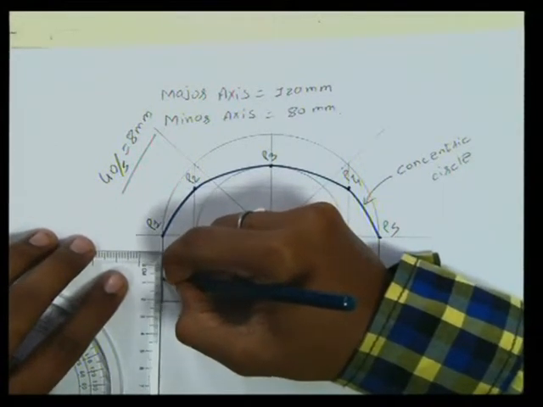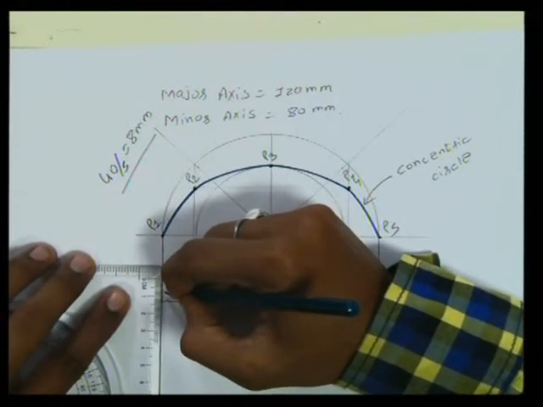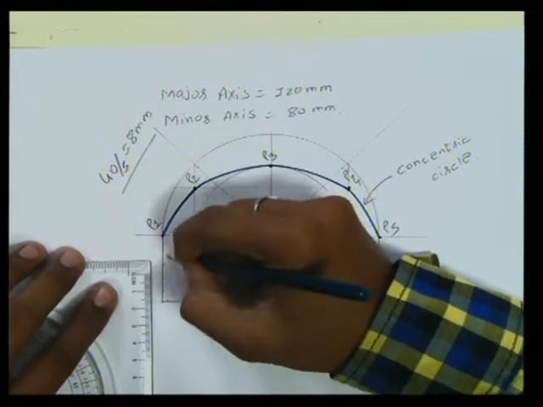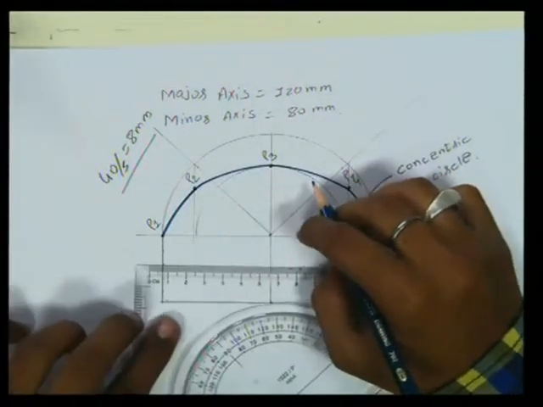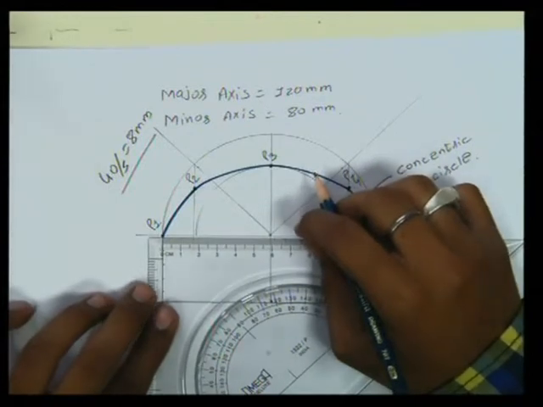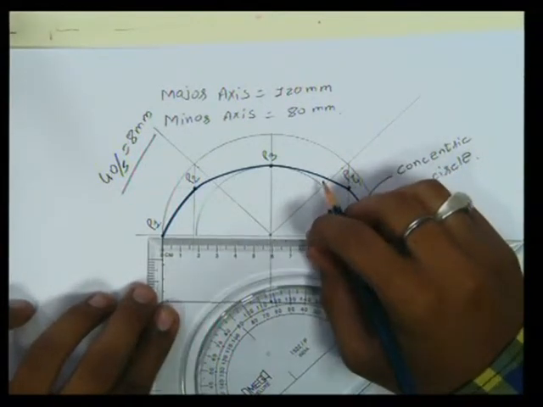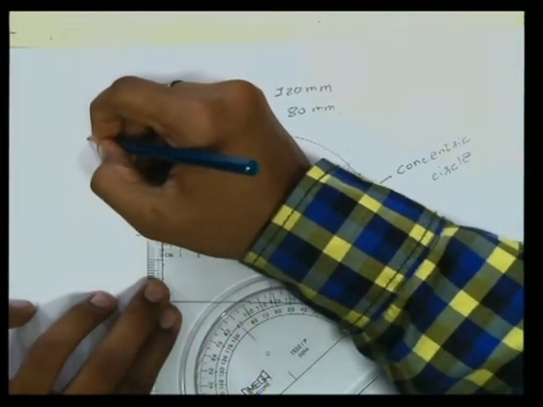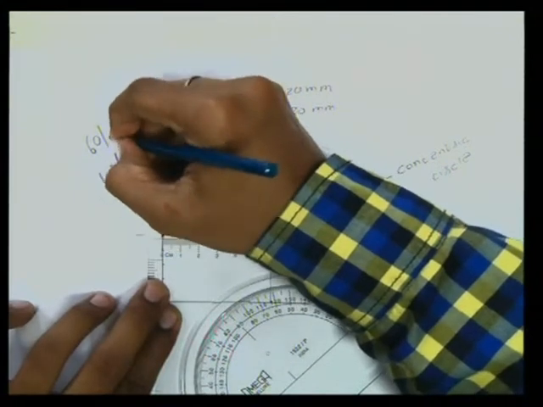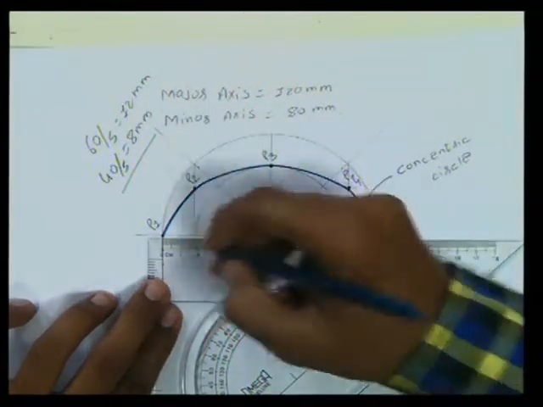In the same way, this 60 mm line also needs to be divided into 5 equal parts. 60 divided by 5 would be 12 mm for each part.